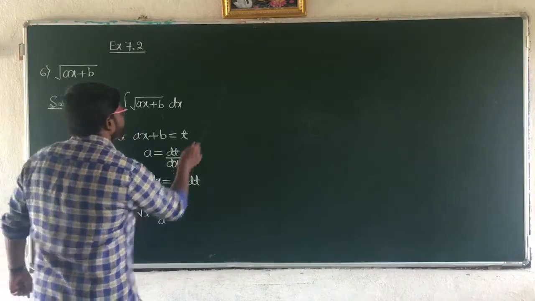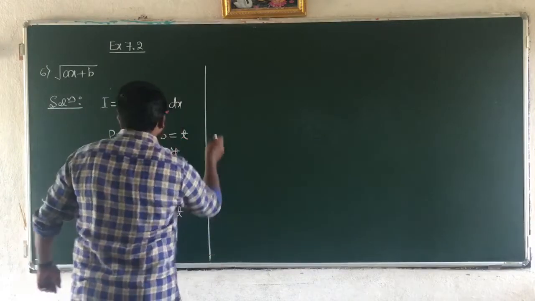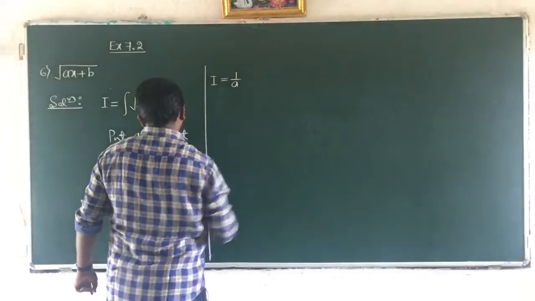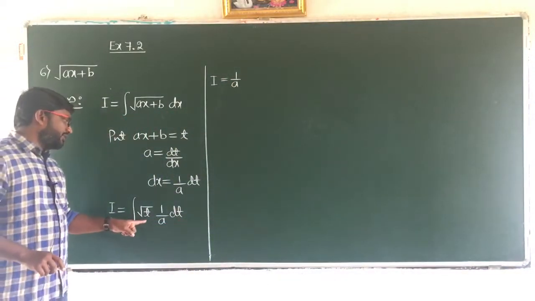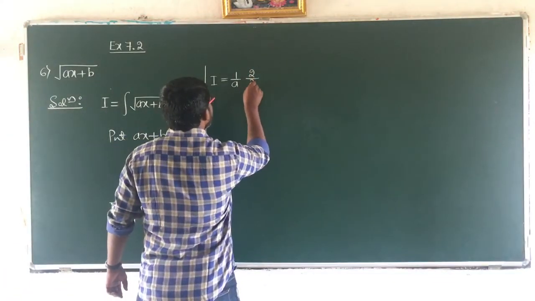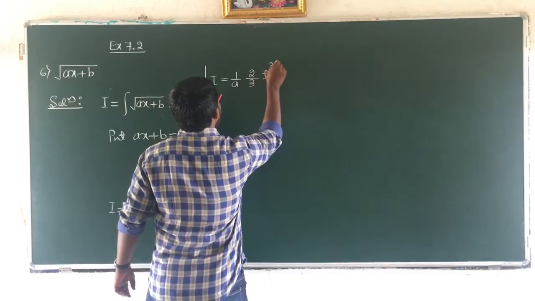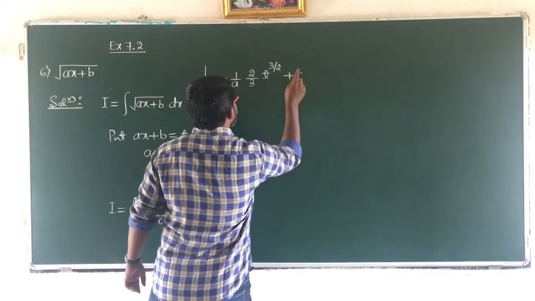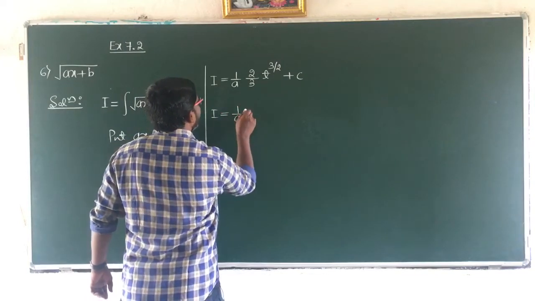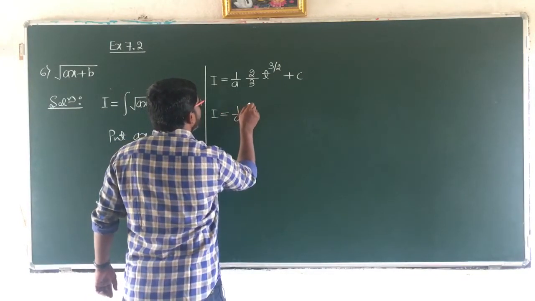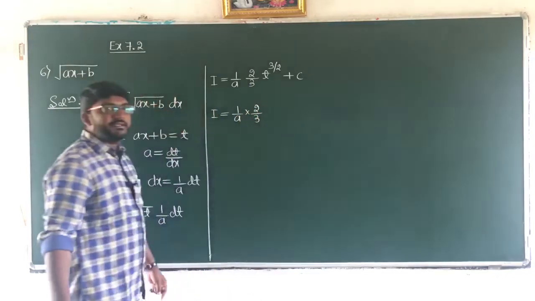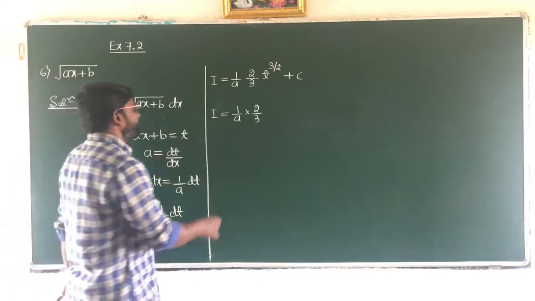So 1 by a is a constant, write it outside. I is equal to 1 by a outside, then the integration of root t dt will be 2 by 3 t to the power 3 by 2 plus c. So now I is equal to 1 by a into 2 by 3, then what is t here? t is ax plus b.